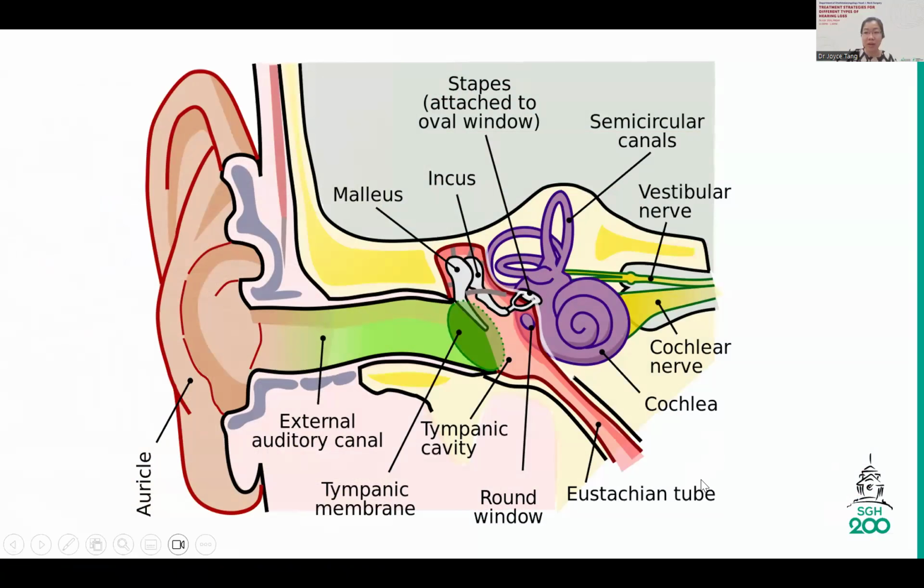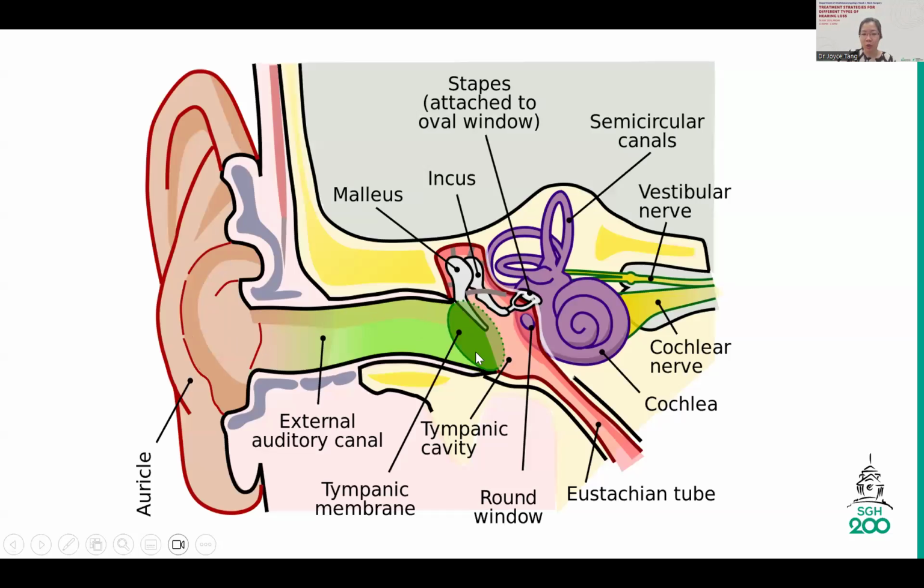This is a medical diagram describing how we hear. This is the auricle, or what you know as the external ear, and this leads to our ear canal, also known as the external auditory canal. The sound waves come in, collected by our external ear, and it concentrates all the sound waves into the ear canal. This then vibrates the tympanic membrane, also known as the eardrum.